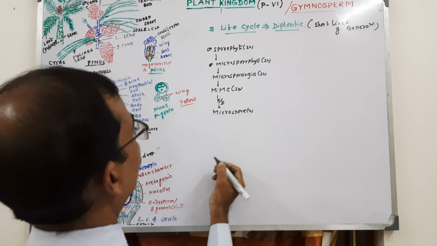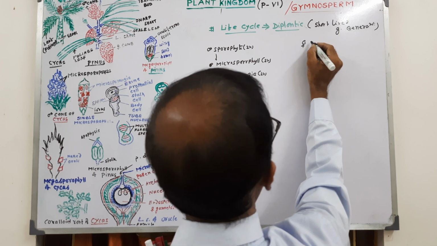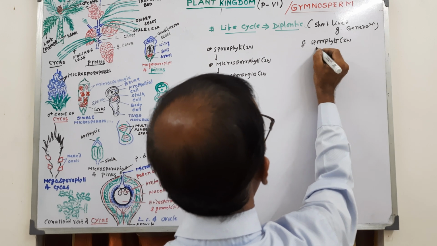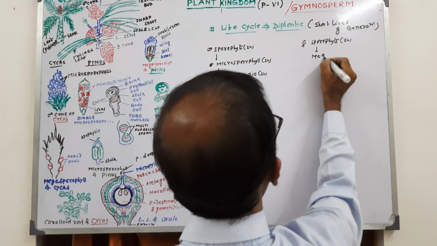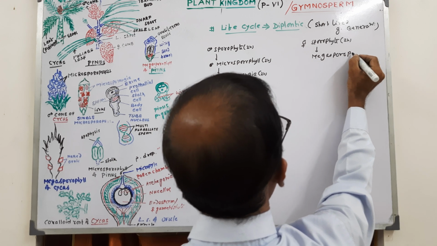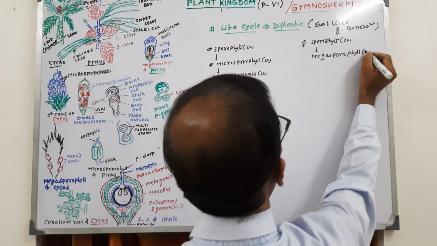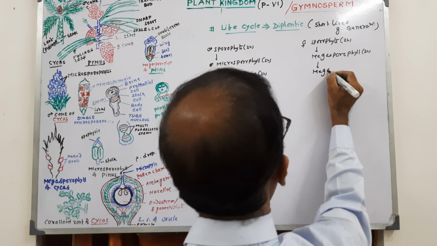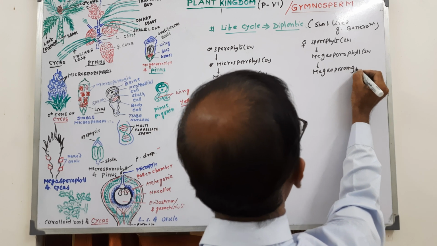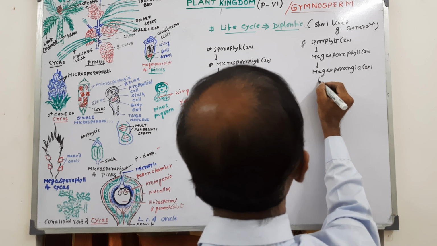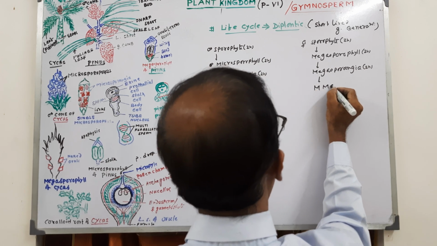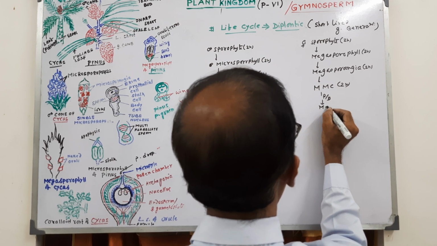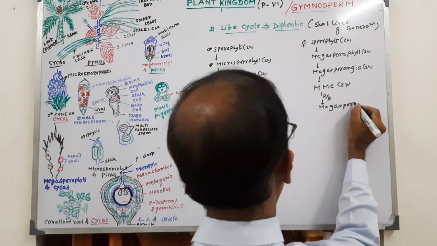Okay, in this way, this is another plant, female sporophyte. Female sporophyte, obviously 2n. It produces megasporophyll, 2n. It produces megasporangia, 2n. It produces megaspore mother cell, 2n. Undergoes meiotic division, it produces megaspore, functional megaspore.